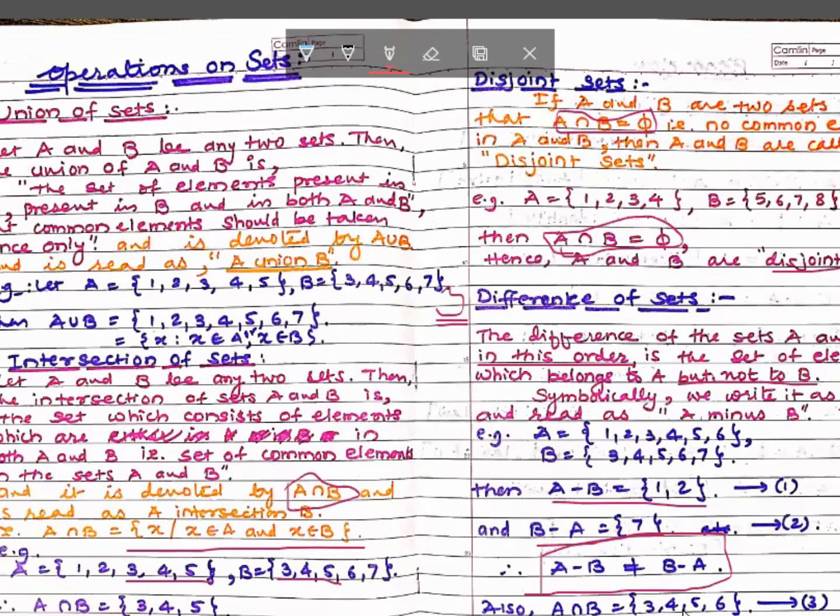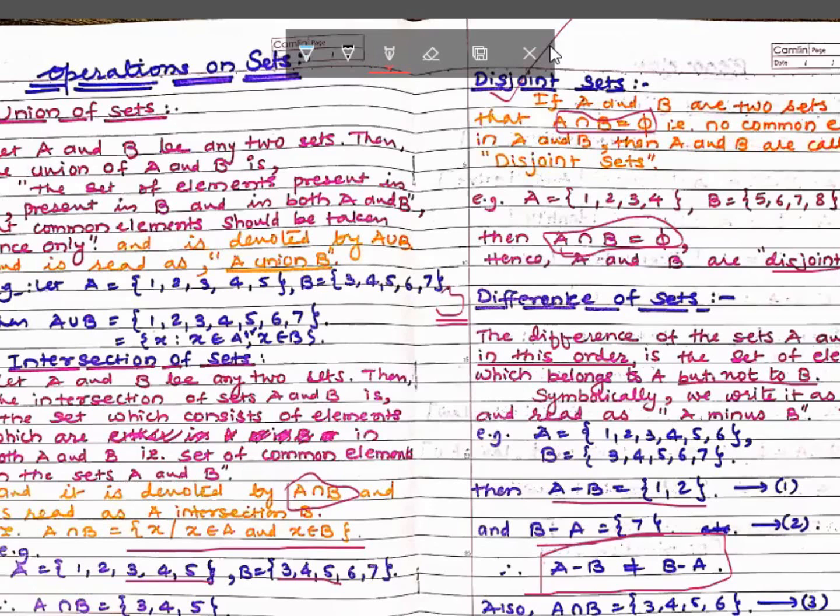So is there anything common among these three sets? Nothing is common between these three sets. So whenever there is nothing common between any two sets or more than two sets, what can we call them? We can call them disjoint sets. Here we have seen the definition. Whenever the intersection of two sets or more than two sets is a null set, it means nothing is common among them.